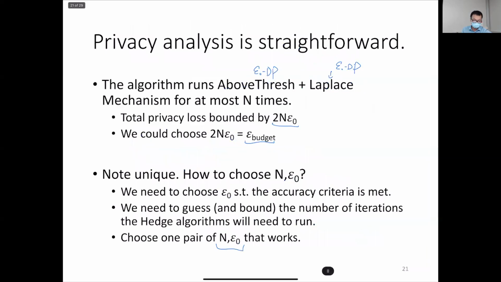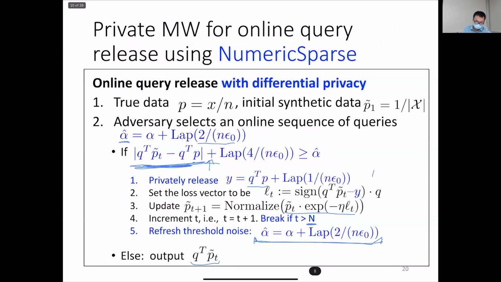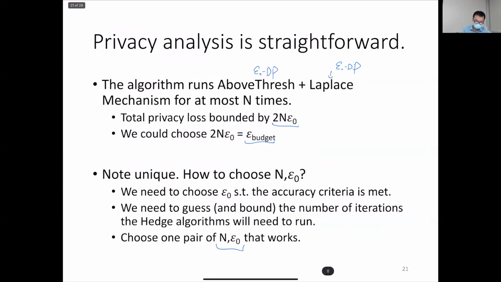Okay, so there are a total of 2n plus k Laplace random variables, and the largest of them has a b parameter of 4 over n epsilon 0. Let's check for sure. Yeah, 4 over n epsilon 0.